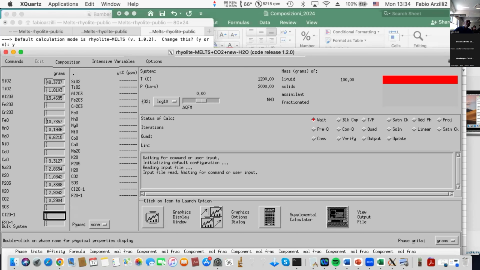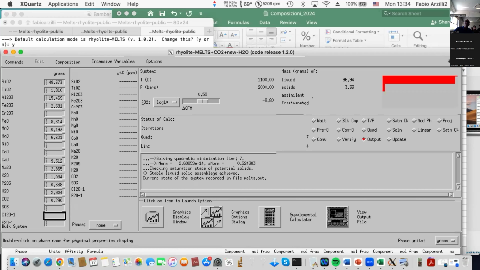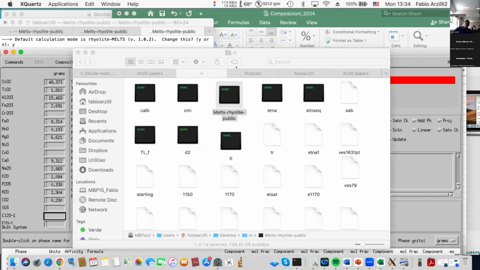Normalize, execute, and check the results.